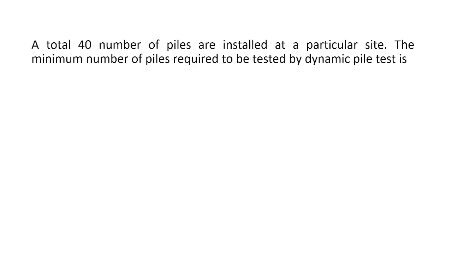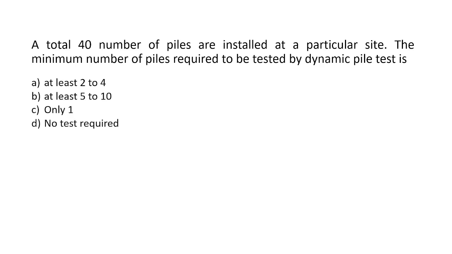Okay, next question is, a total of 40 piles are installed at a particular site. The minimum number of piles that will be required to be tested by dynamic pile test is dash. What it will be? 2 to 4.